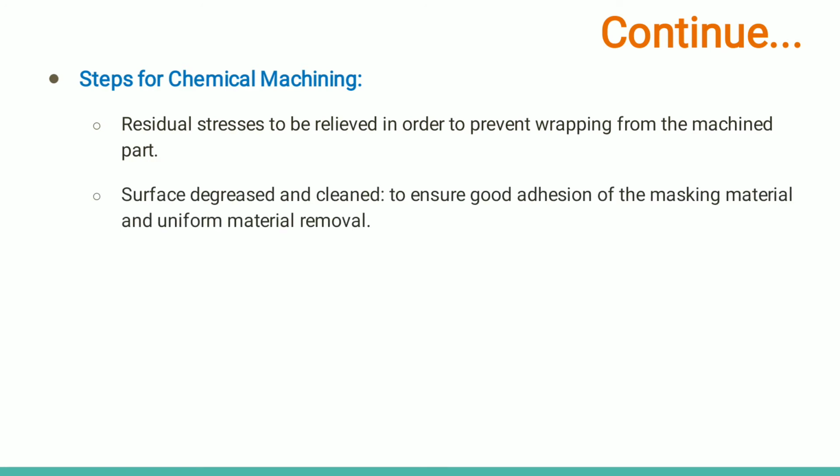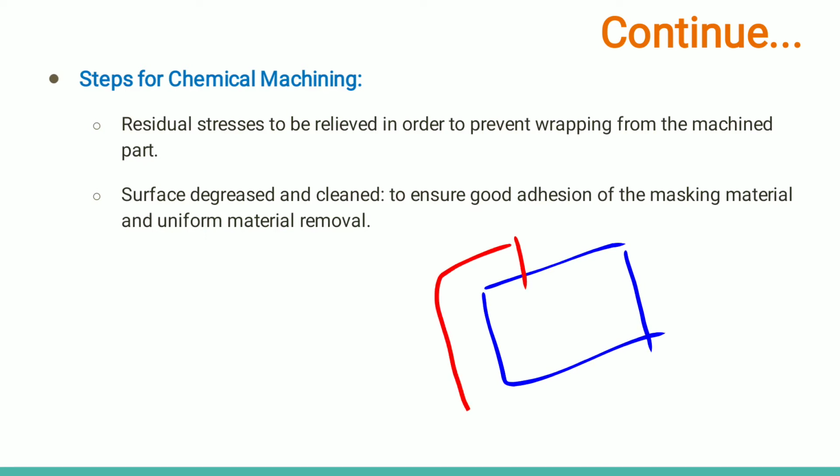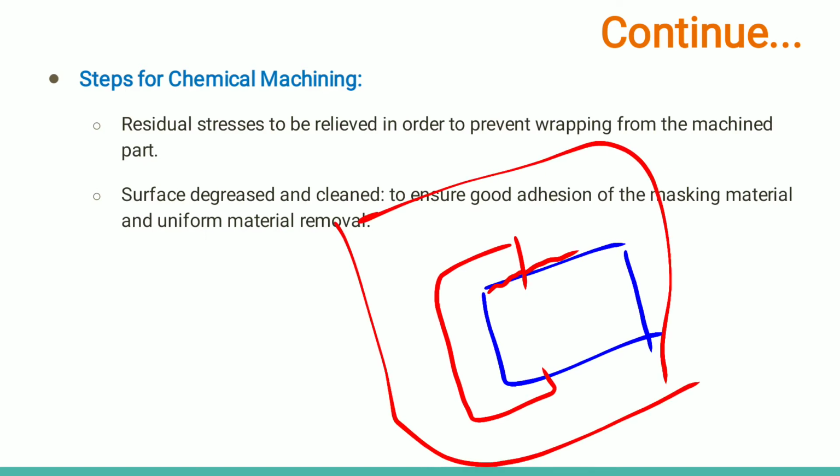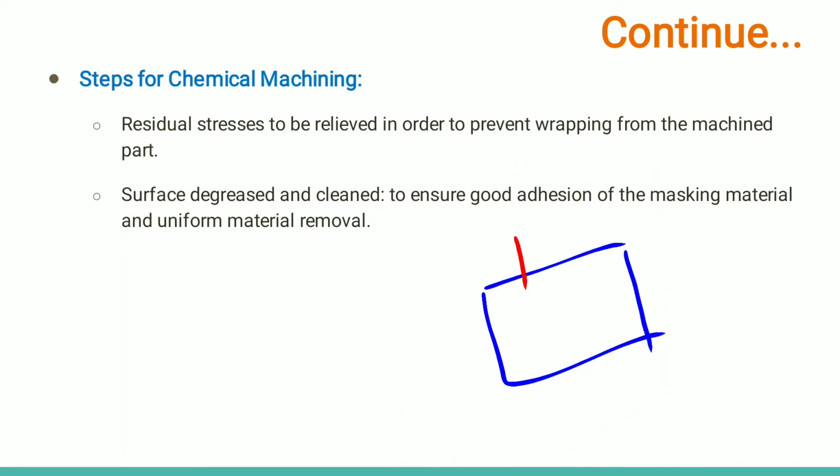The next step is that the surface should be degreased and cleaned. This cleaning and degreasing is required because if this is a workpiece and we are using a mask here, and the surface is not clean or there is some roughness, then when we dip this workpiece into the chemical solution, the chemical solution may move inside. So the surface must be properly cleaned so that the chemical solution does not move inside.